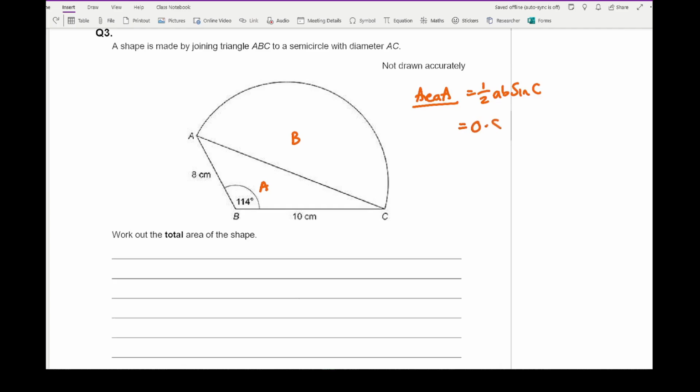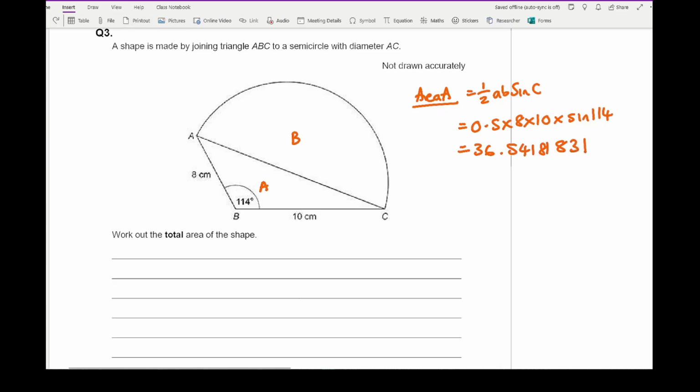So I get 0.5 times 8 times 10 times sine of 114. Just notice that the sides are the same as the previous question, but not related. That gives me an area of A of 36.54181831. So I'll save that there.